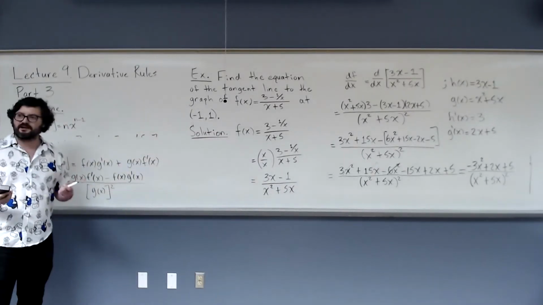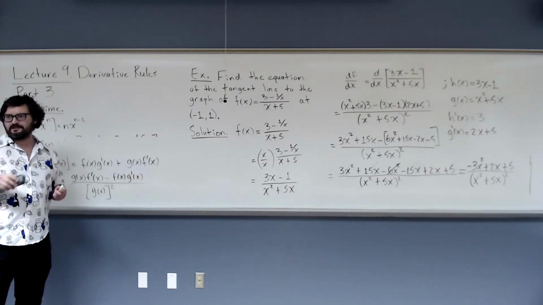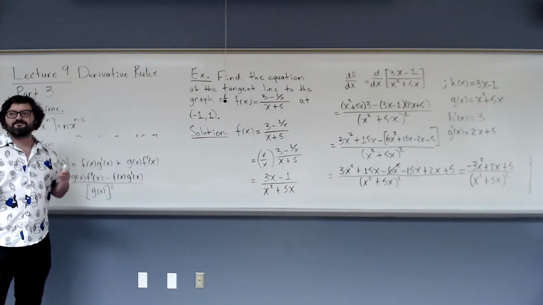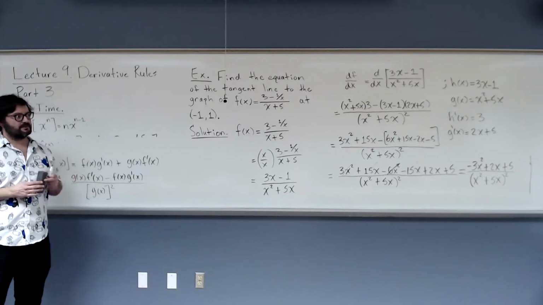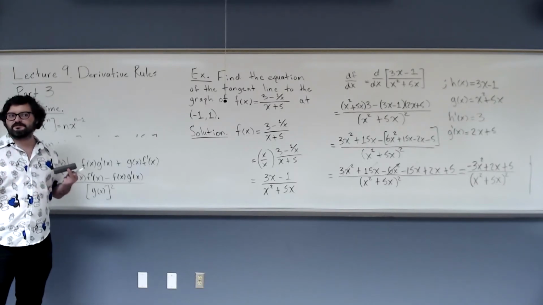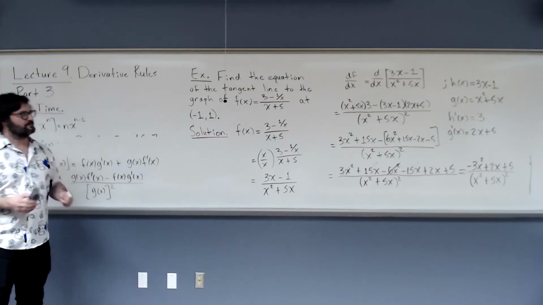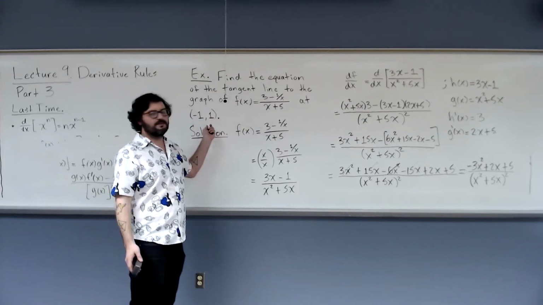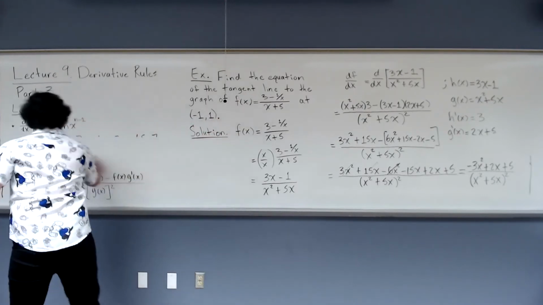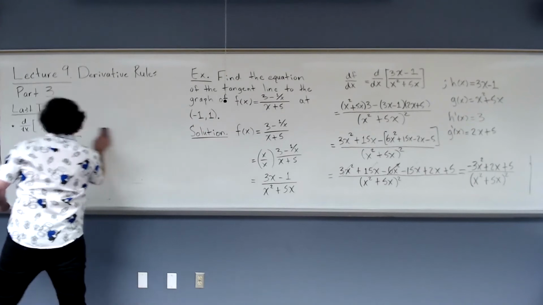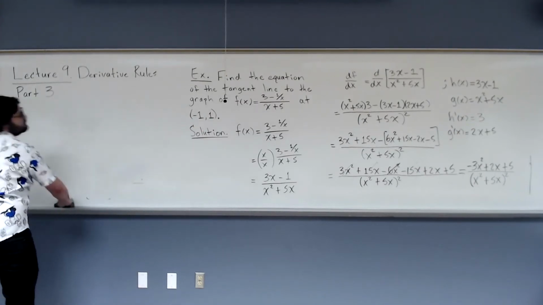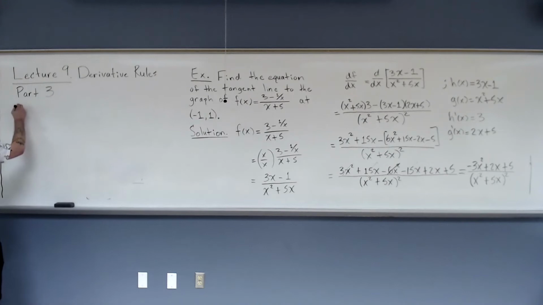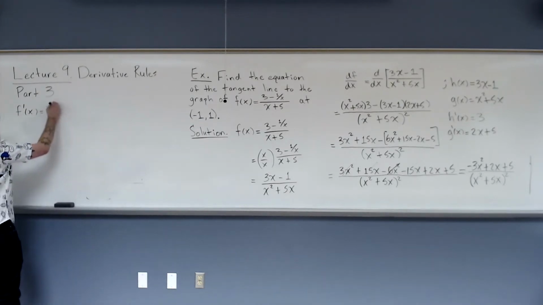right? That's the whole point behind doing this in a lot of cases. And I have to emphasize it again. Calculating the derivative tells you about the slope of these tangent lines to the curve of the function. And we are being asked right now to find the equation of the tangent line at that point. So now that we have the derivative of that function, which is this, I can barely see it, so if I make a mistake, let me know.